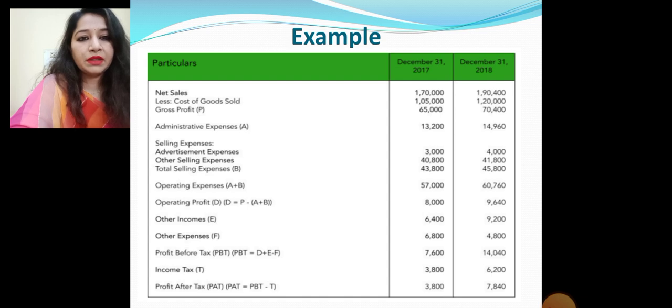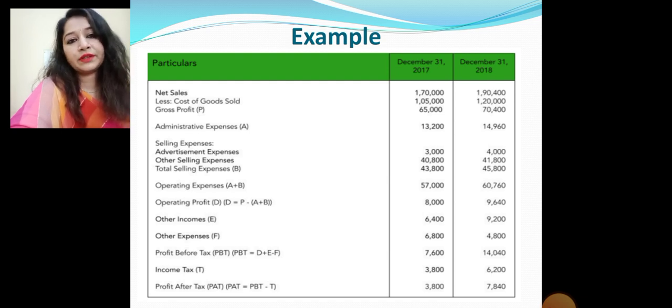This is the example: net sales, previous year 2017, current year 2018. Net sales, cost of goods sold, gross profit, administrative expense, selling expense, advertisement expense, other expense, total expense, operating expenses, operating profit, other income, other expenses, profit before tax, income tax, and profit after tax.